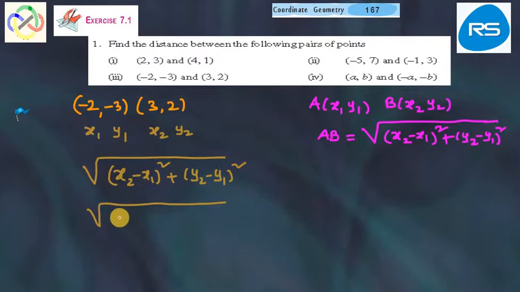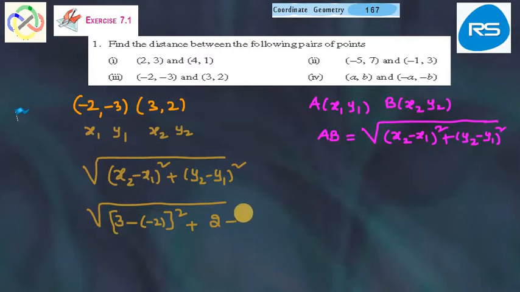x2 is 3, so 3 minus x1, and x1 is negative 2. How to write negative 2? Minus 2 in brackets, whole square. Observe this carefully; many children may write it in a different way and get different answers. y2 is 2, minus y1, and y1 is negative 3.